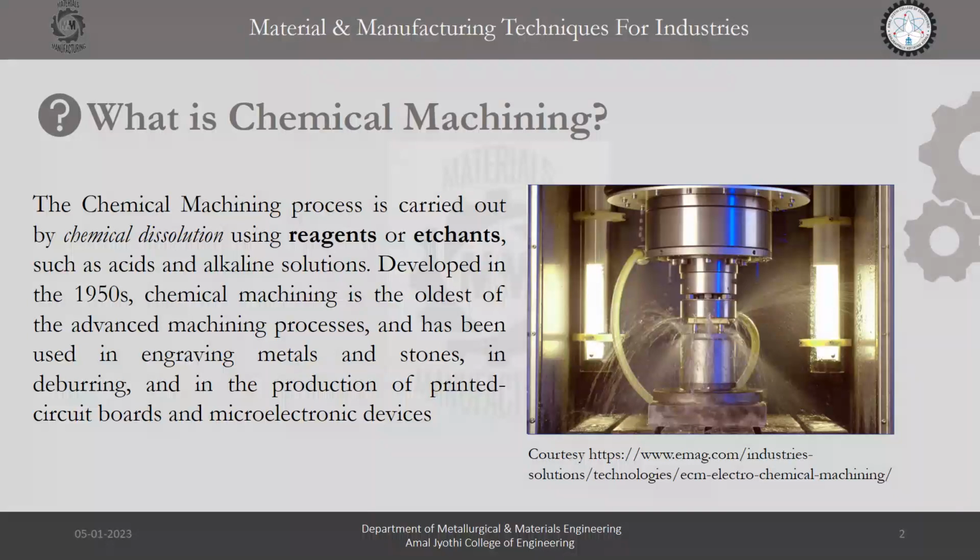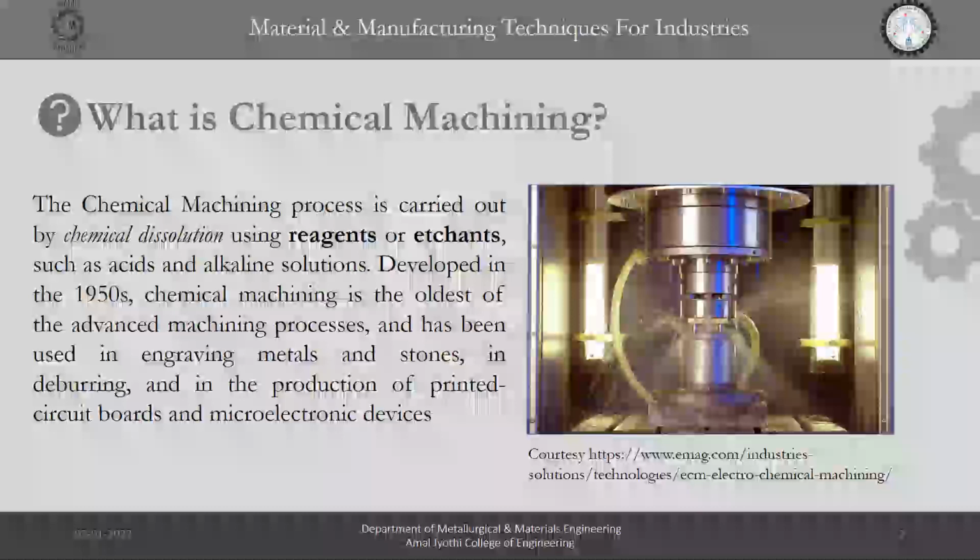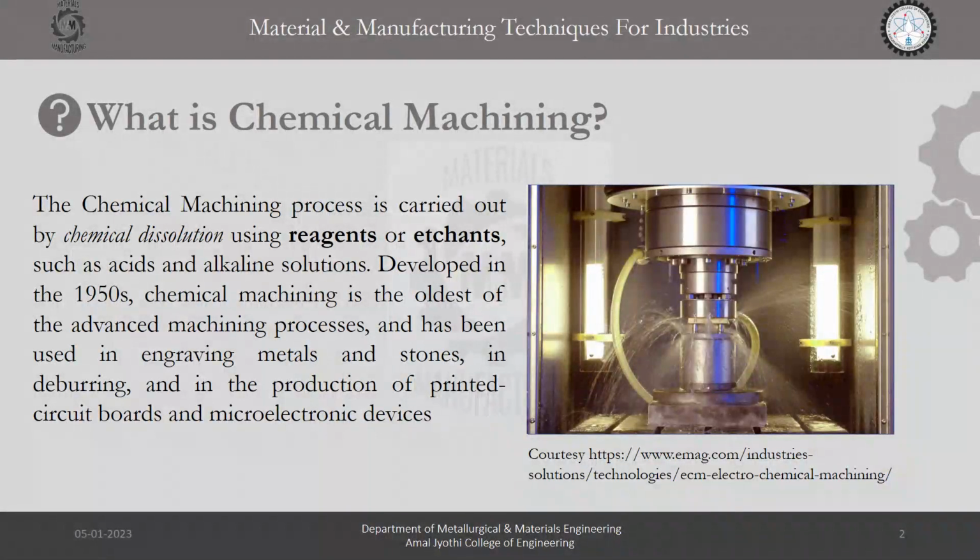There is also another process which is called photochemical blanking. It is also called photo etching or photochemical machining. This is a modification of the chemical milling process we have discussed earlier. So the material is removed usually from a flat thin sheet by photographic techniques to first produce a mask, followed by chemical machining.